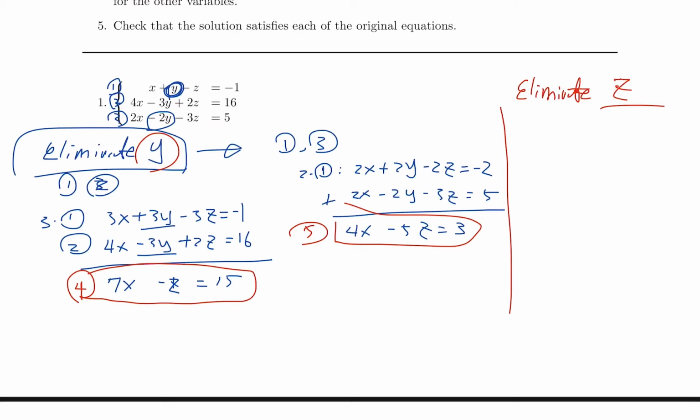So in order to eliminate z here, I need to have a 5 here, right? Well, negative 5 in fact, so I'm going to multiply equation 4 by negative 5. And the fifth equation, I'm going to just copy as it is. So then I get negative 35x plus 5z equals negative 75.